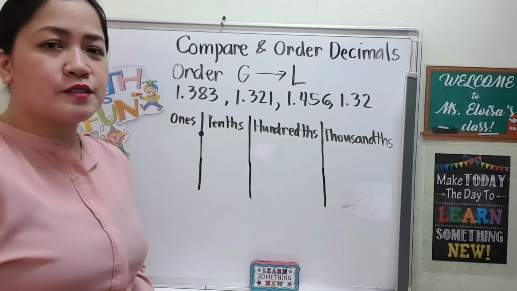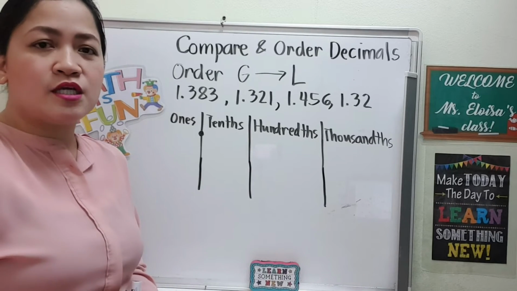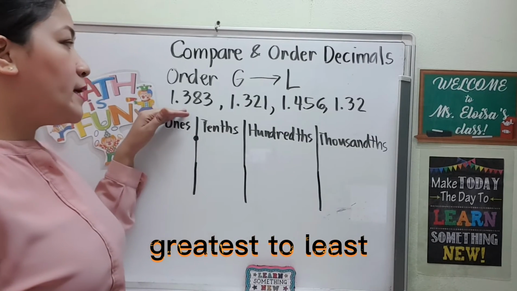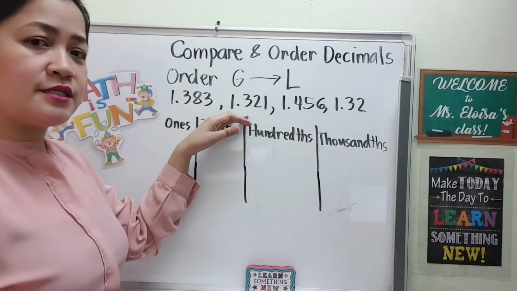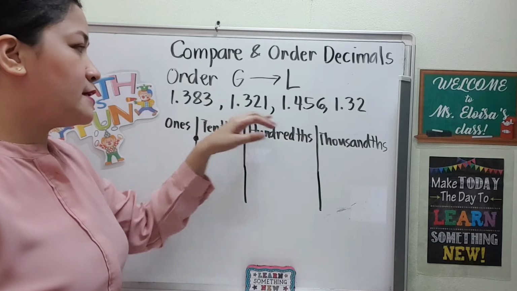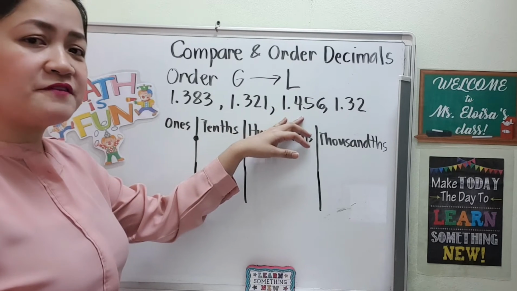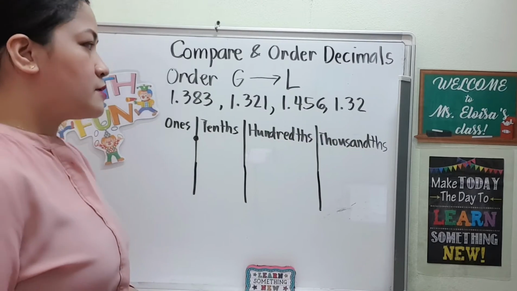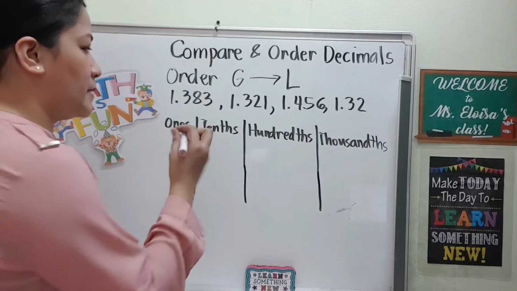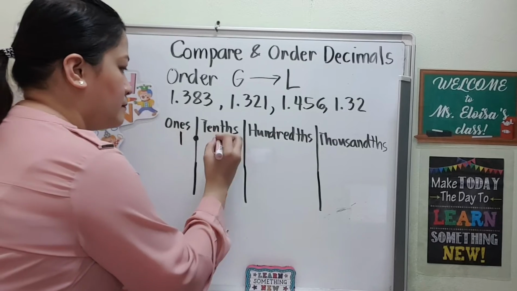This time we are going to use our place value chart to order the numbers 1 and 383 thousandths, 1 and 321 thousandths, 1 and 456 thousandths, and 1 and 32 hundredths. So let us write them in our place value chart.